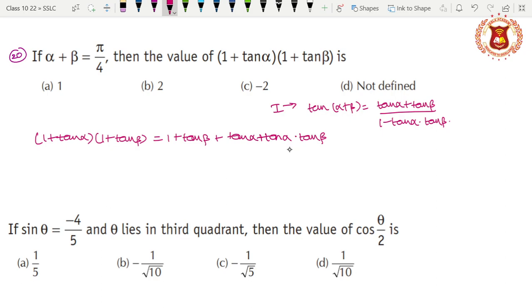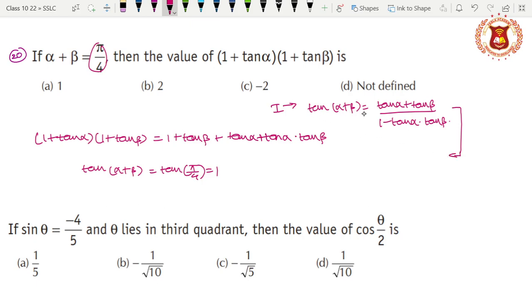Now observe here. Here it is given that alpha plus beta is pi by 4, so tan of alpha plus beta is equal to tan of pi by 4, which is equal to 1. Therefore, I will simplify this first identity here.